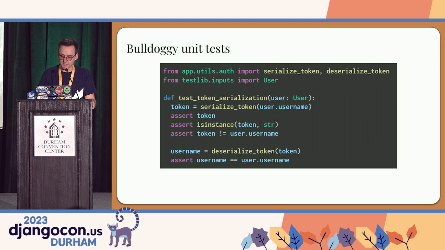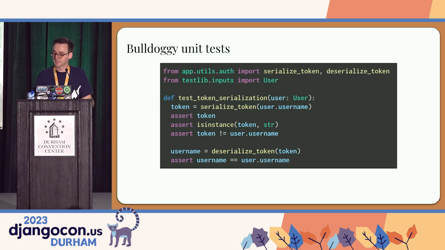So here would be an example of a unit test that we would write. Now this one does not use the Django test client, but it could be run as part of a Django suite here. What this is testing is token serialization for authentication. You can see we have this arrange act assert pattern. We're serializing the token and checking things on it. It's like the arrange, we're trying to set up.